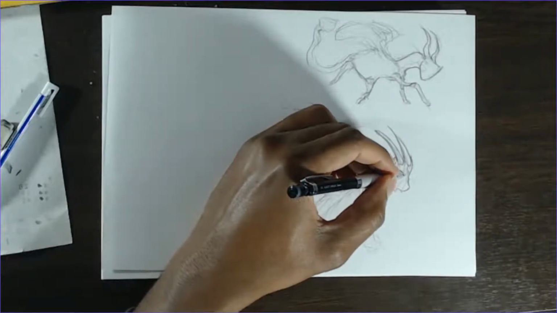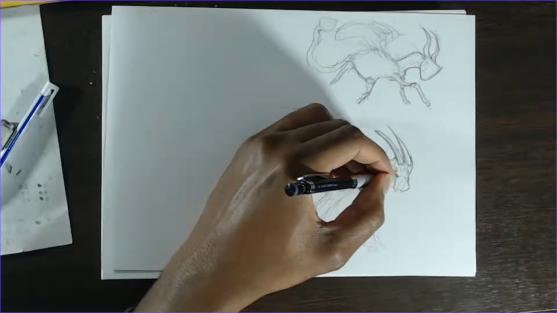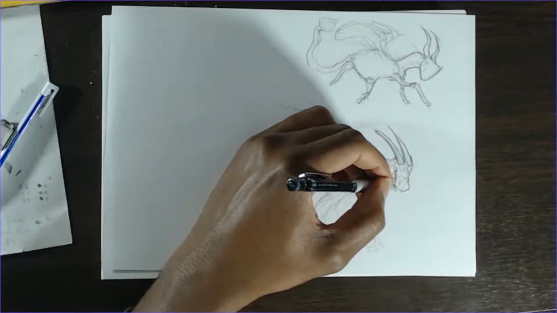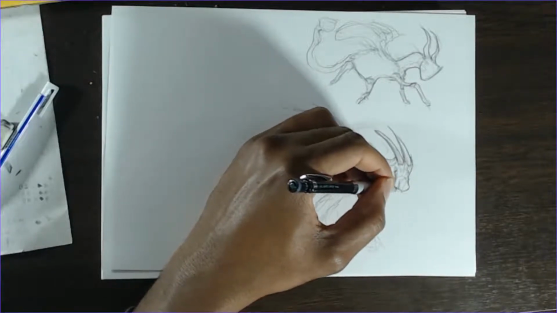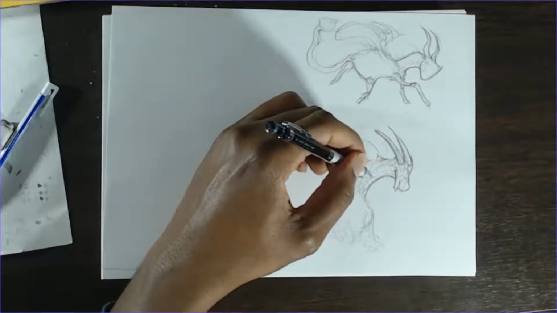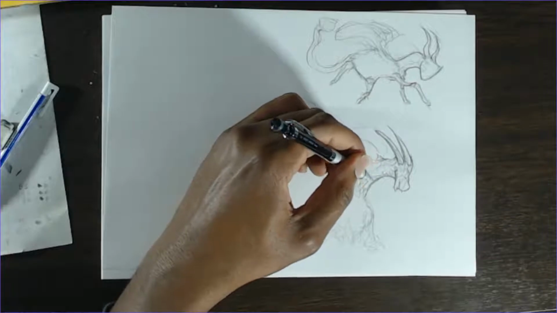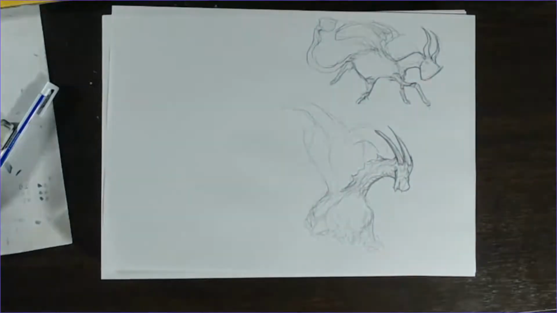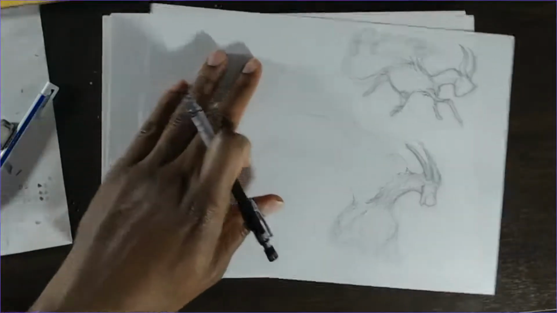I'm still not too satisfied with this one. I'm going to try to work on something with a shorter neck in general. So this is where the head is.